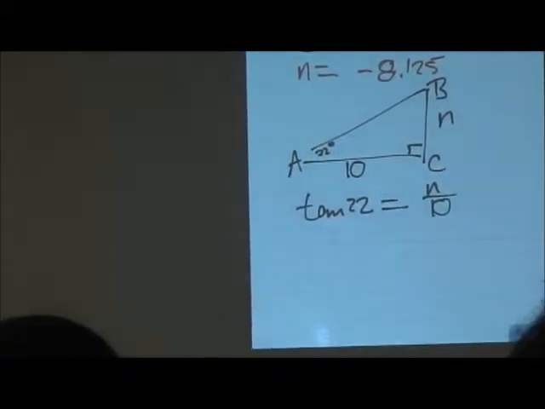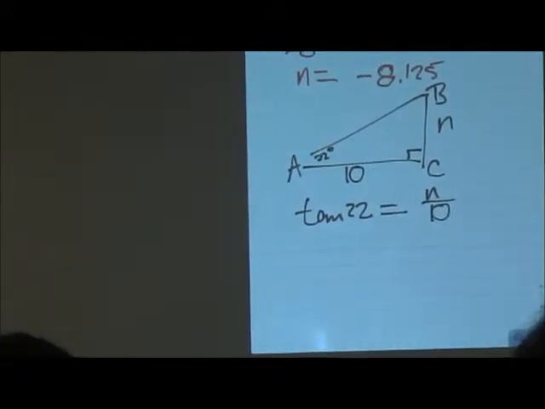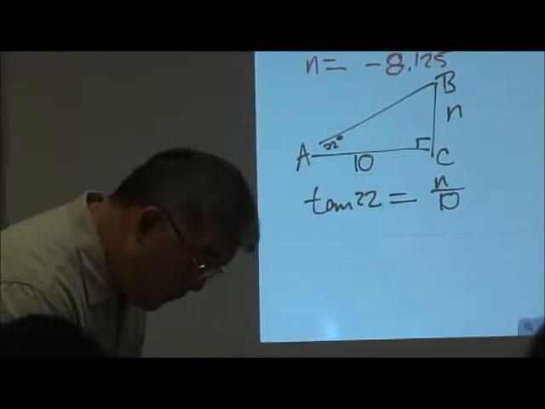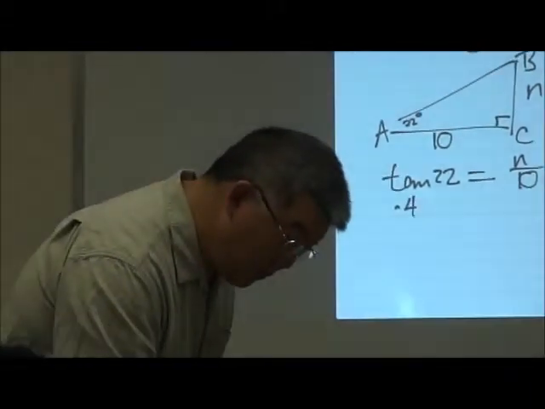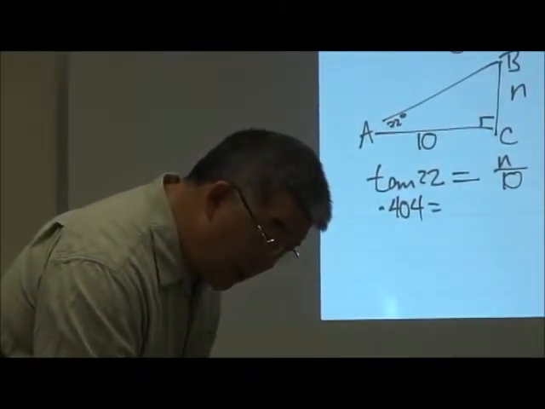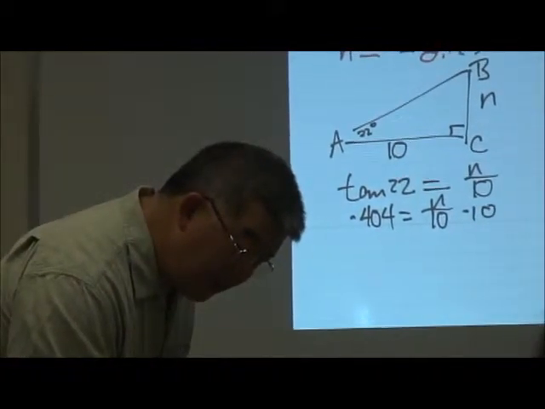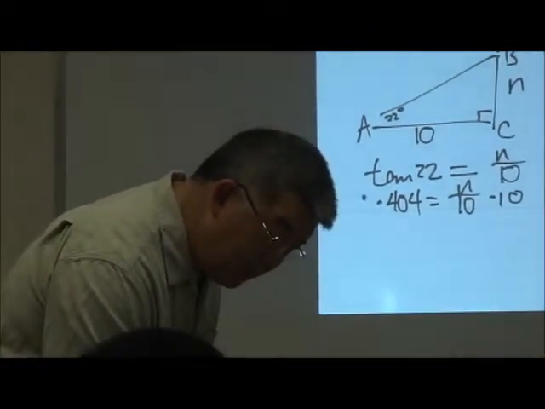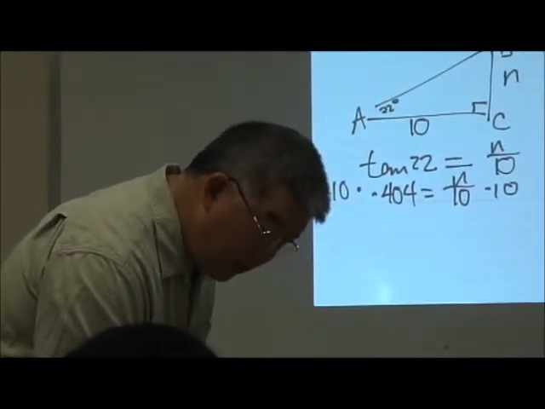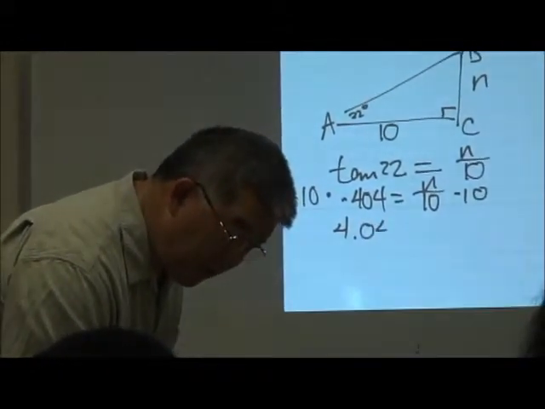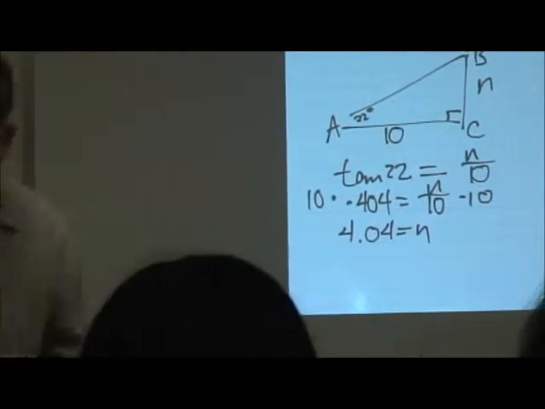Hopefully you got 0.404. 0.404 is equal to n over 10. So we multiply both sides by 10. That moves the decimal place over by 1, and I end up with 4.04 equals n. So there's using the graphing calculator that way.